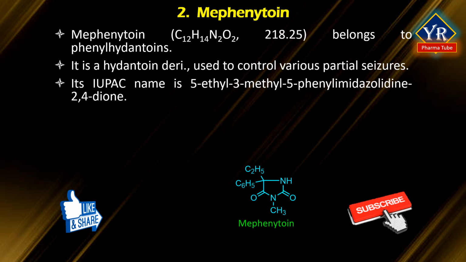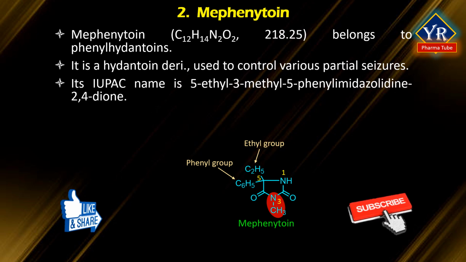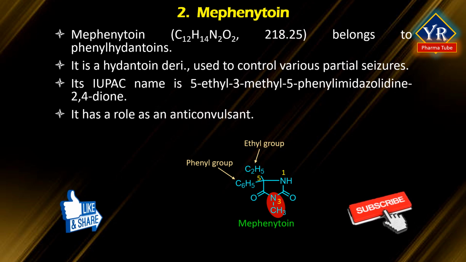Its IUPAC name is 5-ethyl-3-methyl-5-phenyl-imidazolidine-2,4-dione. It is an imidazolidine 2,4-dione, that is hydantoin, in which the imidazolidine nucleus carries a methyl group at N3 and has ethyl and phenyl substituents at C5. It has a role as an anticonvulsant agent.